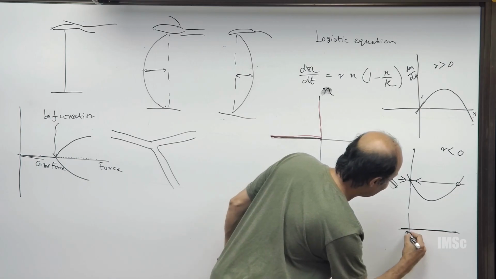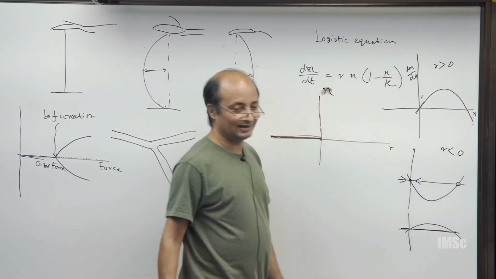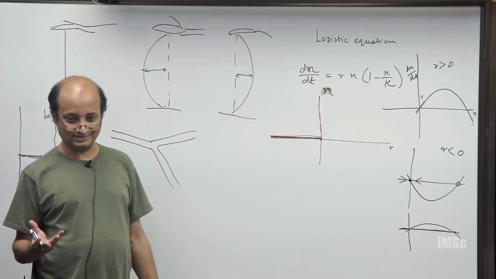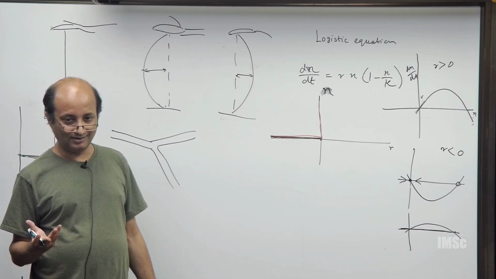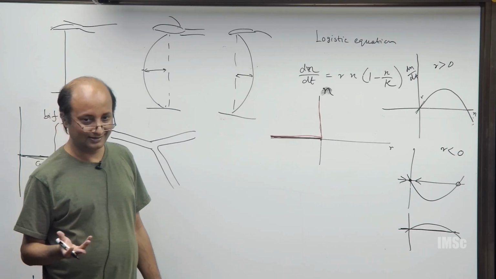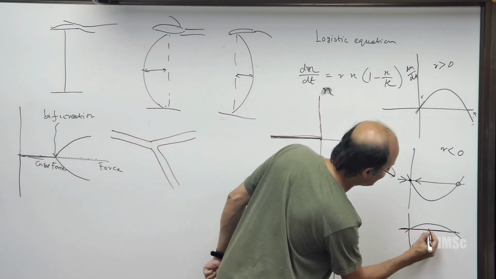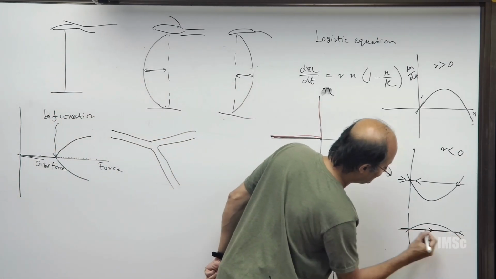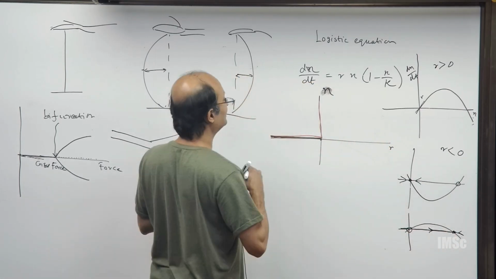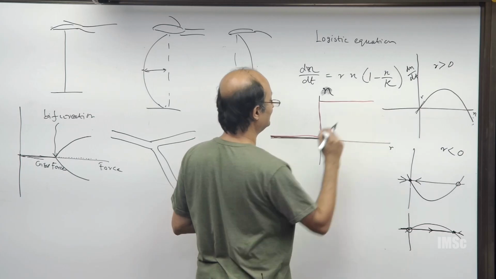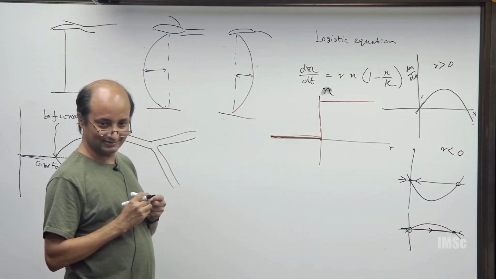Now, for any R which is 0 plus, what will now happen? So now it has changed, where this becomes unstable and this becomes stable, right? So this will become like this, right?